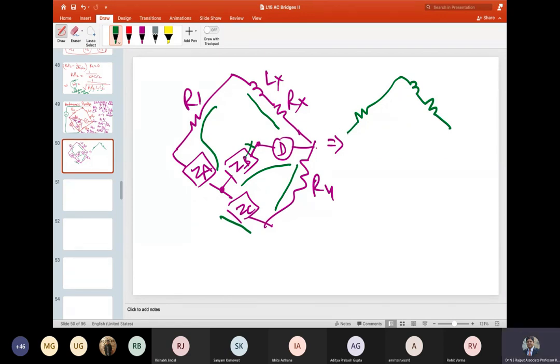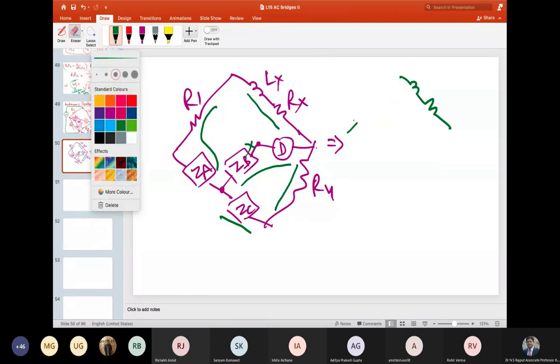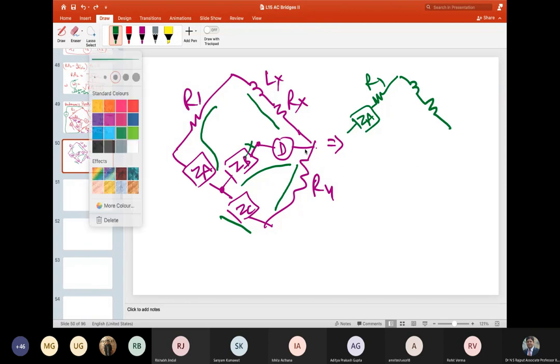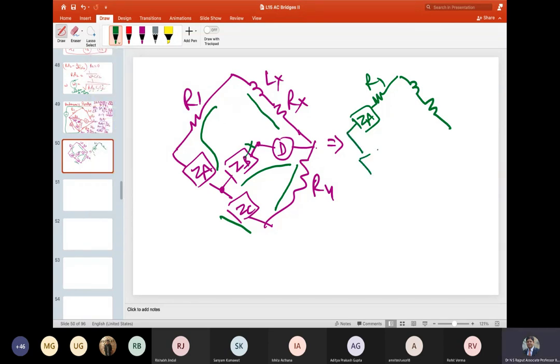Here you will connect it with ZA and R1. On this side you will connect ZC, and on this side you will connect R4, right?